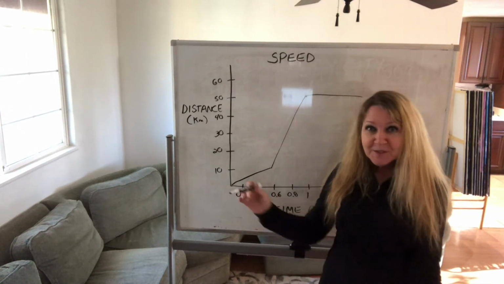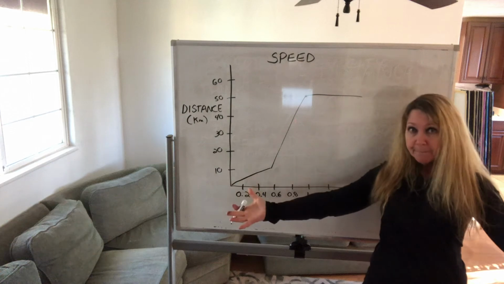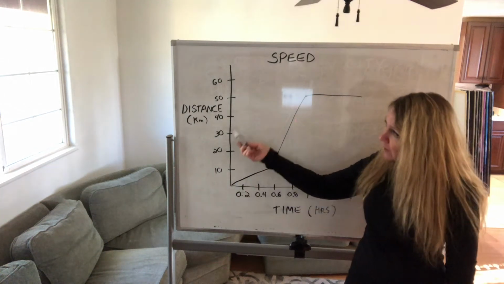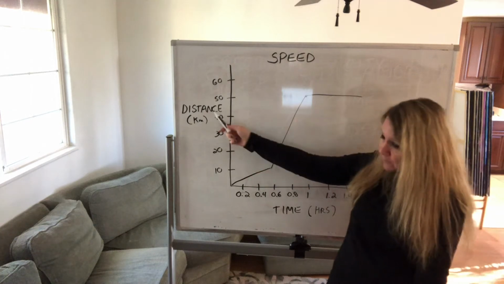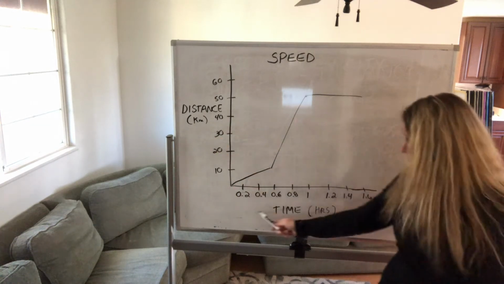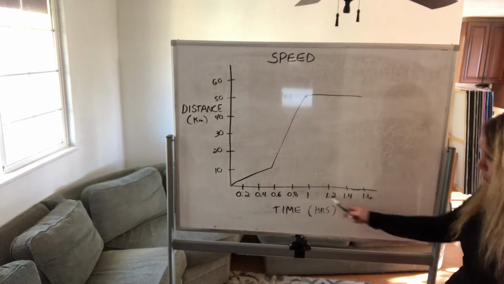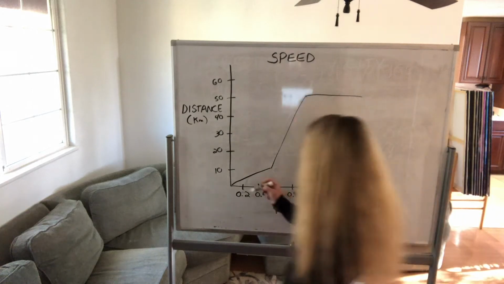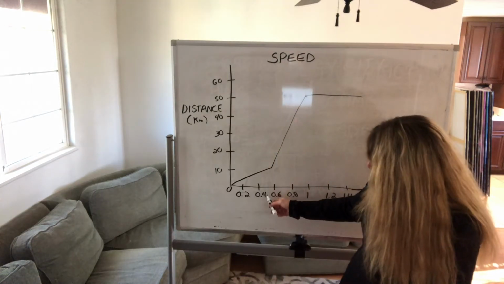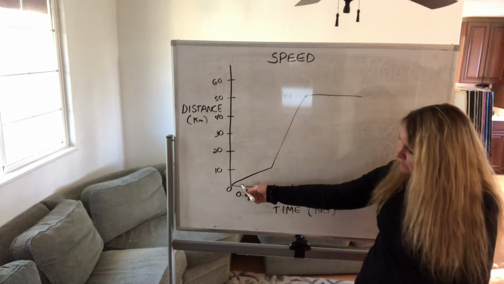Okay, so if this is a graph of a car traveling on Highway 280, let's say, and we're looking at its speed over time. So we're looking at the relationship between the distance and time. And time is in hours, distance is in kilometers. So in the beginning, we're at 0 here, to about a half hour. Its speed is increasing.